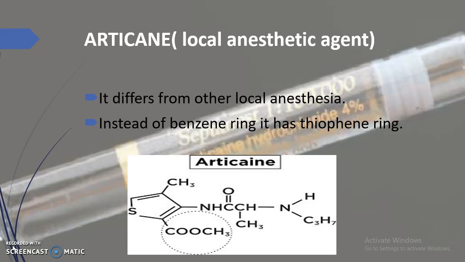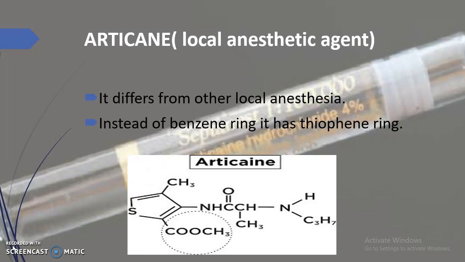The local anesthetic agent that is used for local anesthesia is articaine. It differs from other local anesthetics because the amide structure of articaine is similar to other local anesthetics, but its molecular structure differs through the presence of a thiophene ring instead of a benzene ring.